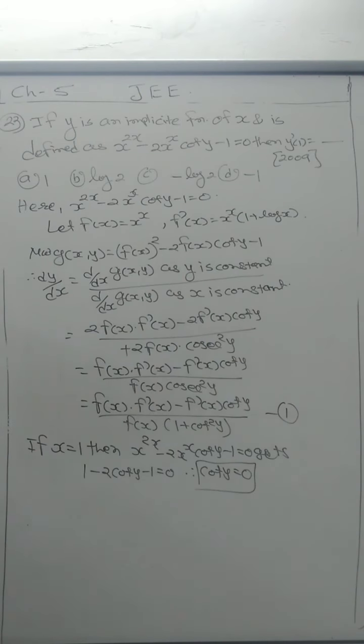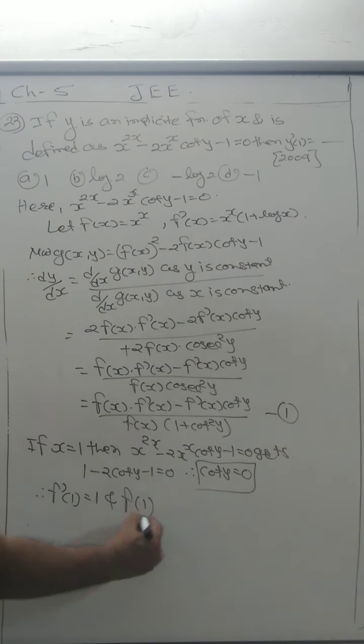If cot y is equal to 0, then we can say that f dash 1 equal to 1 and f1 equal to, sorry, it is 1. This is our second result.